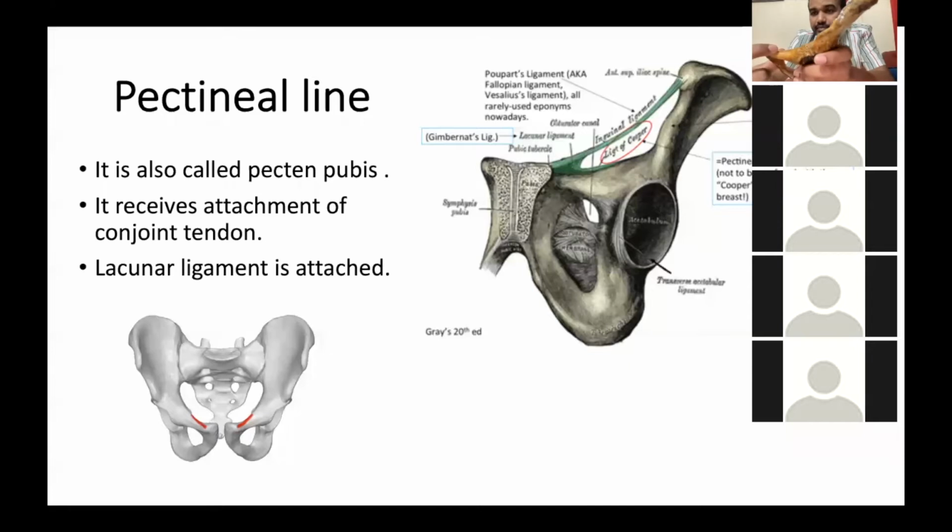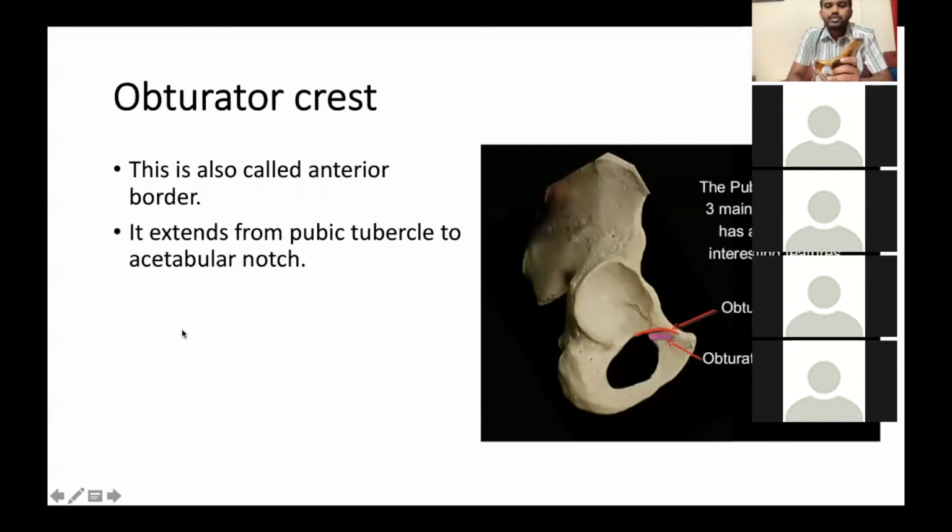Pectineal line. Next is what? Obturator crest. This obturator crest is also called the anterior border. Now, can you see this one? See, this is anterior. Pectineal is here, this one. This is the pectineal line.